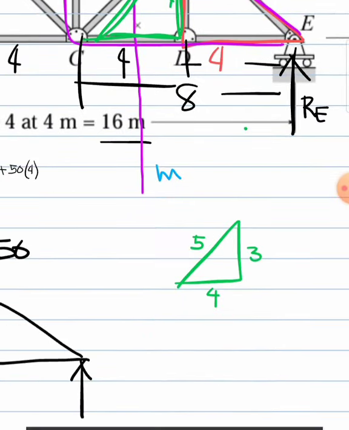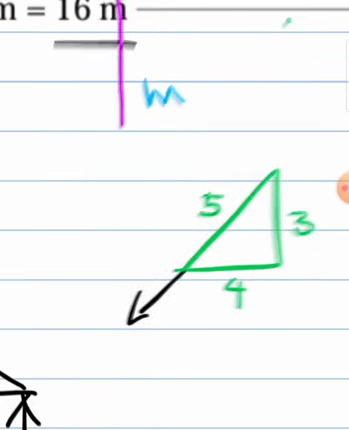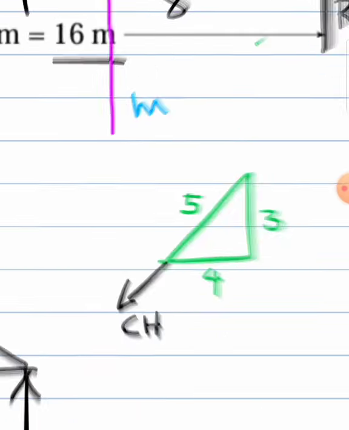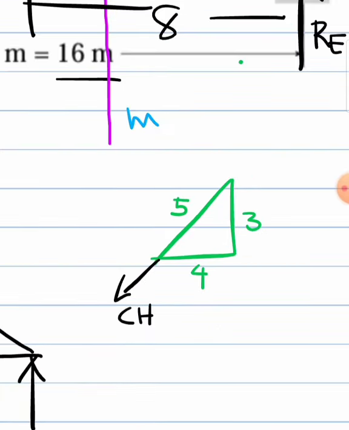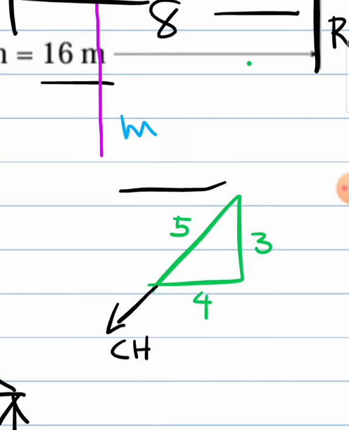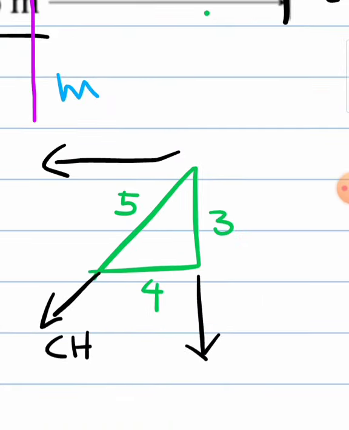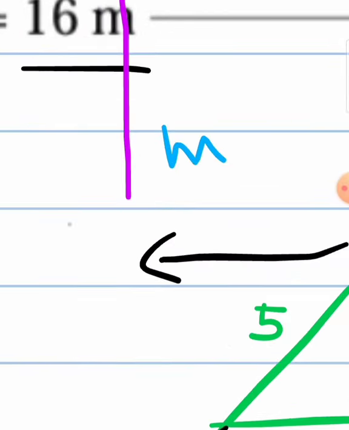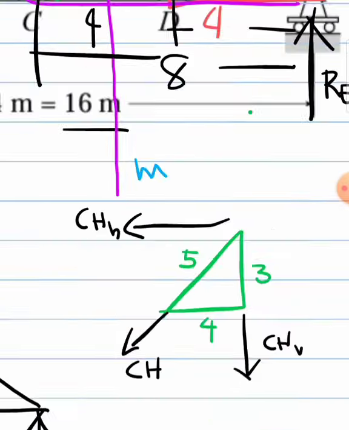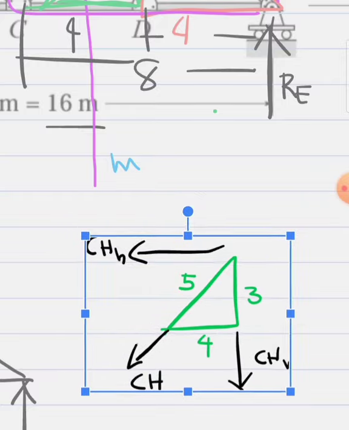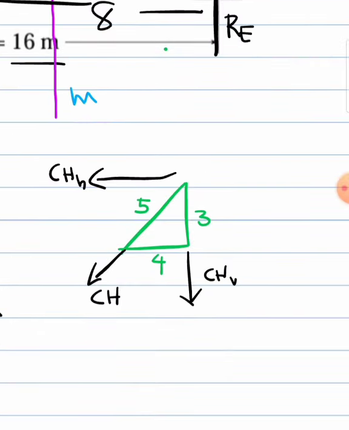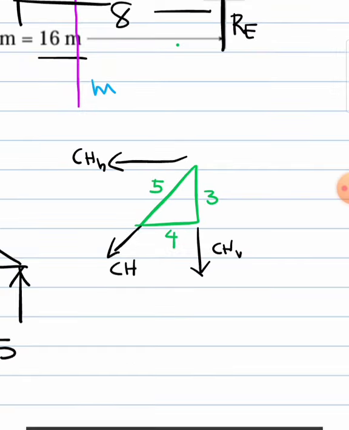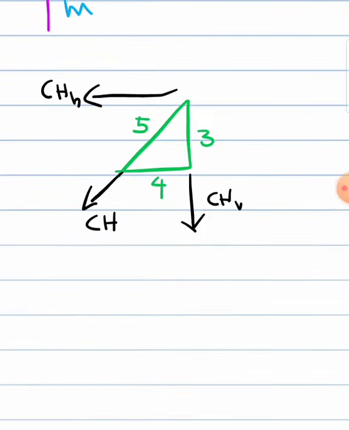And also this is CH, right? To find the components, the vertical and horizontal of CH, say CHV, the vertical component, and CHH, the horizontal, we just have to use the sides, or we can use the relationship between the vertical and horizontal, diba?